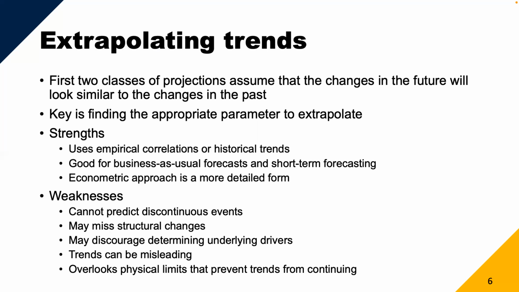And so there's a lot of important analysis that still uses these sorts of extrapolations. Again, it's hard to predict discontinuous events. What happens if a new technology is suddenly discovered that has big implications for changes? Obviously, you wouldn't be able to do that in these types of models. Okay. Any questions?